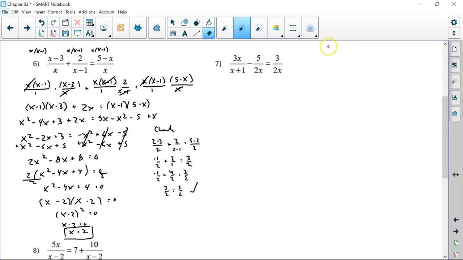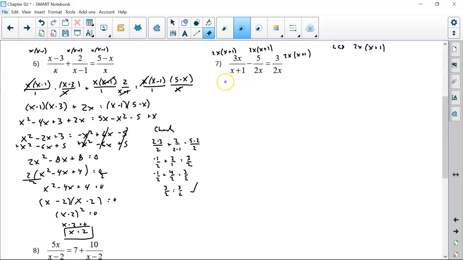Now for problem number 7. Our common denominator is going to be 2x times x plus 1. Multiply each term, all 3 of them, by 2x times x plus 1.